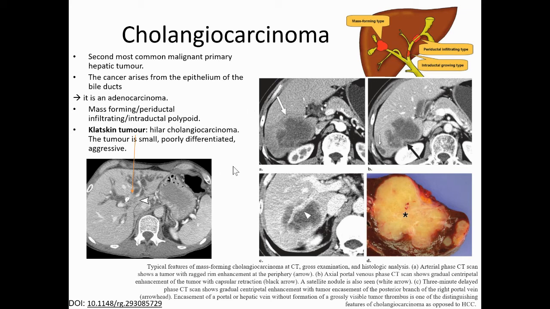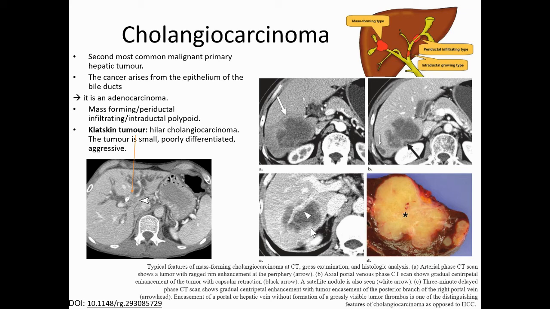And so if it's mass forming, then you will usually see a large lesion that is hypodense, and it has blurred edges, and in the vicinity of the lesion there are usually dilated bile ducts.